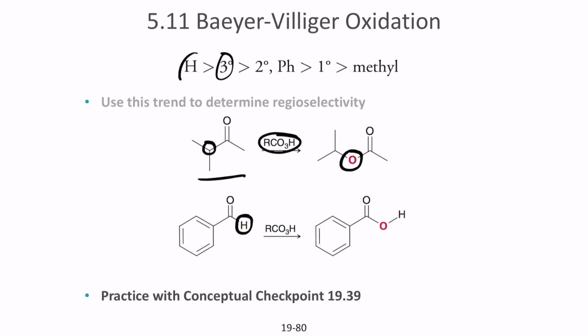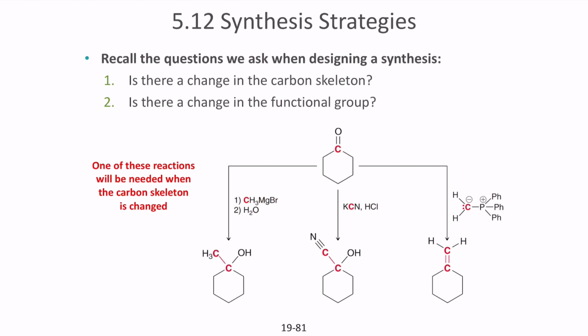Hydrogen gets higher priority than a secondary carbon, so the oxygen will go towards the hydrogen side. This is the principle that you use to determine the regioselectivity. So always hydrogen first, then tertiary, then secondary, and then if you have a phenyl group, phenyl, then primary, and then finally methyl. These are the directions in which we have to look.